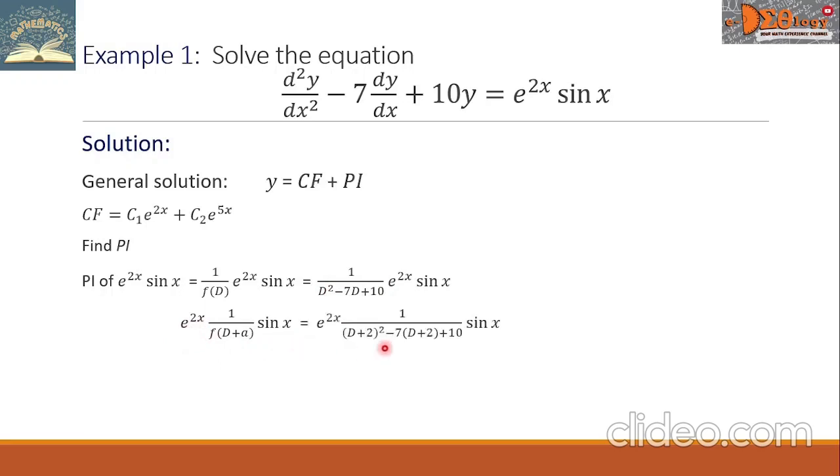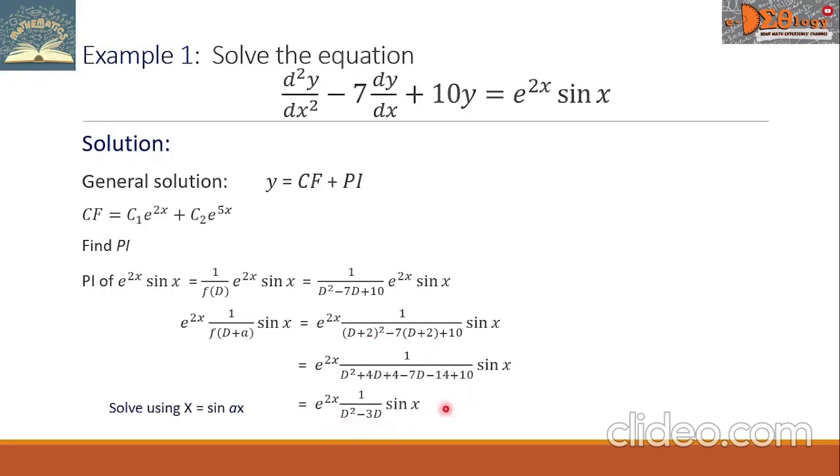So we have e raised to 2x multiplied by 1 all over: the D squared becomes the quantity D plus 2 squared, minus the 7D becomes 7 times the quantity D plus 2, then plus 10. When we expand our denominator, it becomes like this. Let us combine like terms, and the denominator becomes D squared minus 3D.